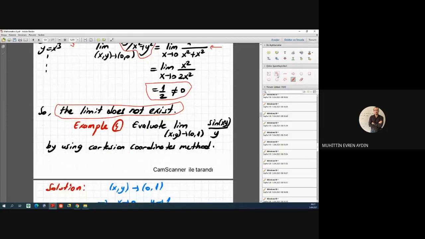Here I have to write something. In order to have a limit, it has to be independent of approaching.